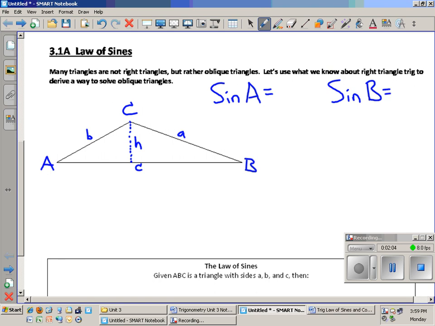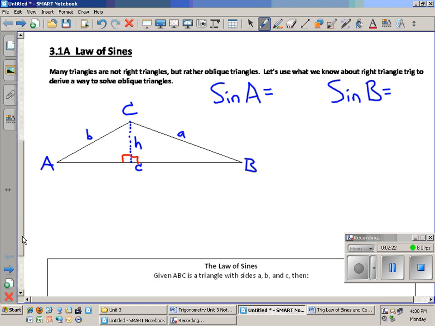If you look at it, we made a right triangle. The right triangle is right here, on that side. So being we made a right triangle, we could say that the sine of A is what?